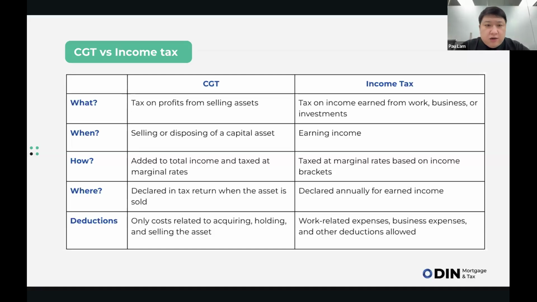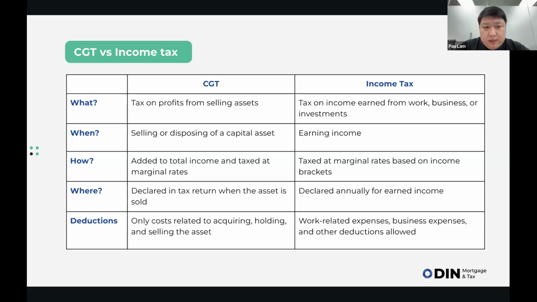I've heard people saying, oh, my capital gains tax rate is 30%. Is that right? Not really, because it could go up to 45, depending on your marginal tax rate. And it could be zero, because you could be paying nothing based on the capital gains calculation. Again, it will be taxed when you sell it, but income from work is taxed when you receive the income.